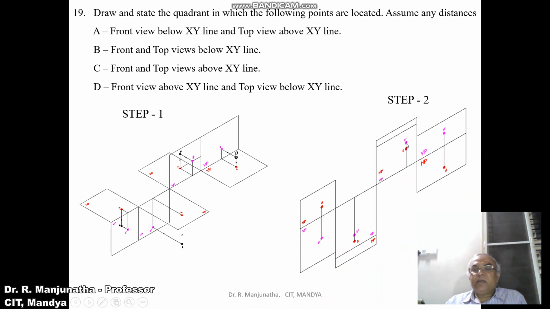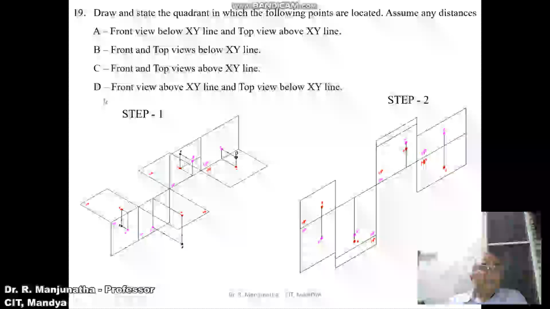So for capital C, the front view falls here, and when you look from the top, the top view falls here, and when it is rotated by 90 degrees, both front and top views will be above XY line. Here the vertical plane is always fixed.